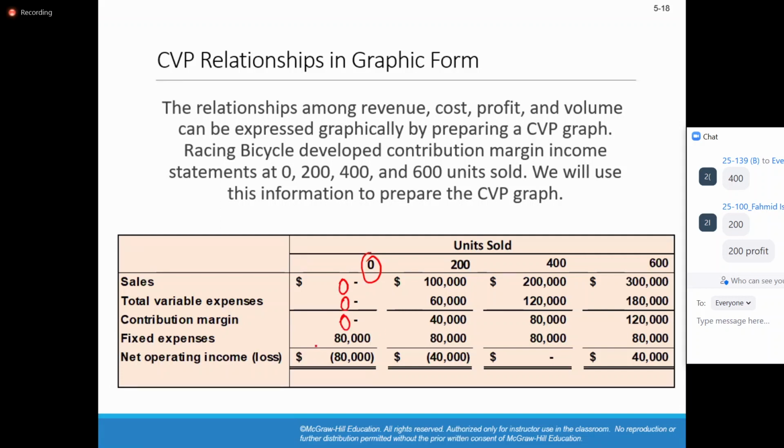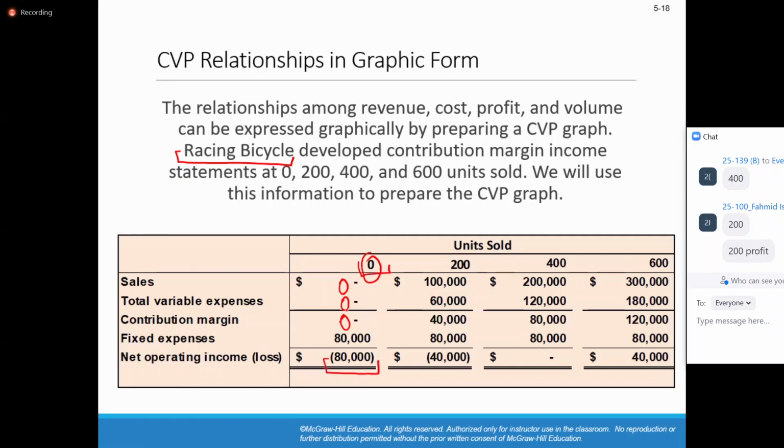But you see that we have to incur the fixed expenses we set up for manufacturing bicycles. So who are we? We are the racing bicycle company. So in that case, if we have to incur the fixed expenses, we will get a net operating loss. So this is a negative number for what?